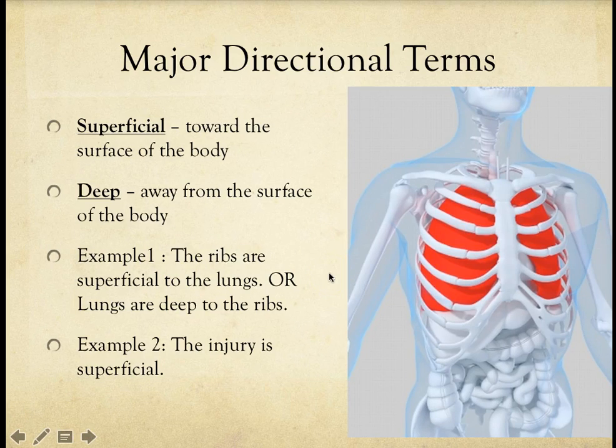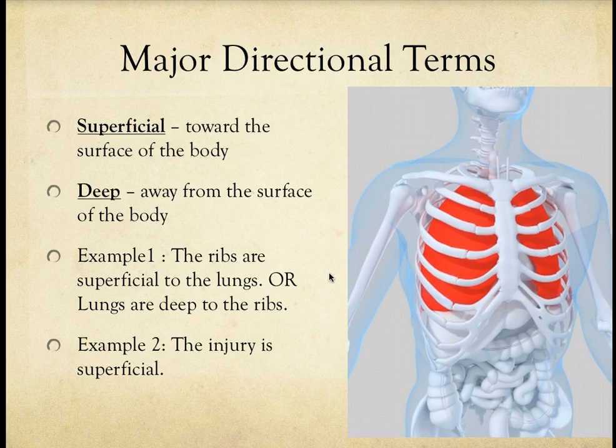Sometimes we'll use the terms superficial versus deep. Sometimes it's not necessarily correct to say anterior versus posterior. So some structures are more superficial than others, or closer to the surface, and some are deep. Really, we'll use these terms more when we're talking about, say, muscles.